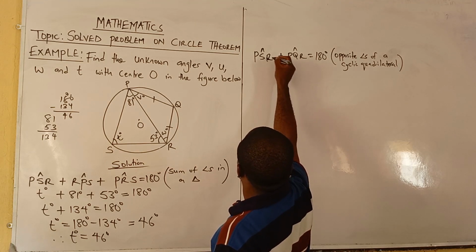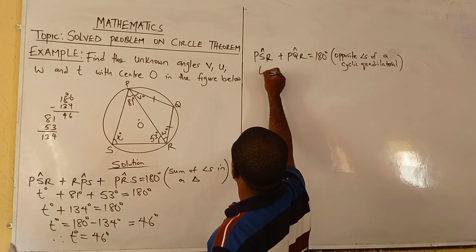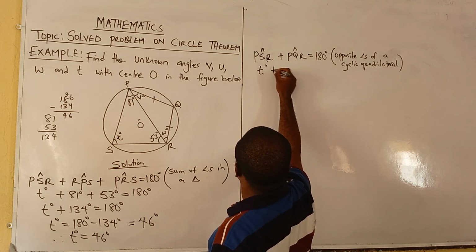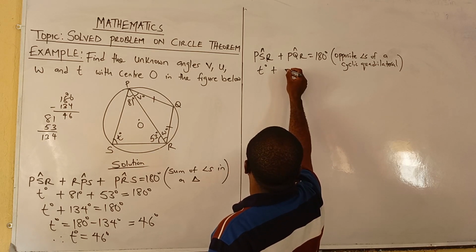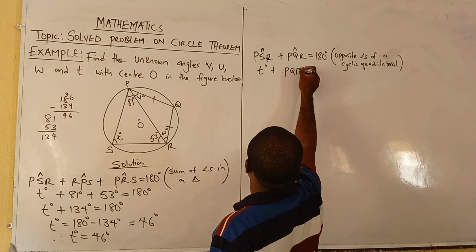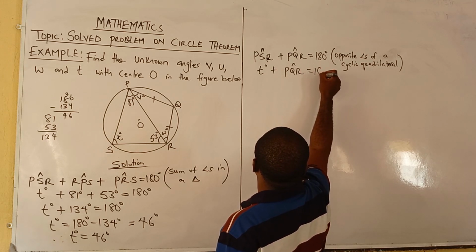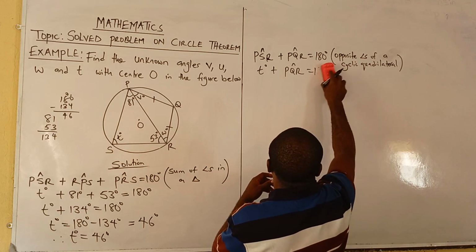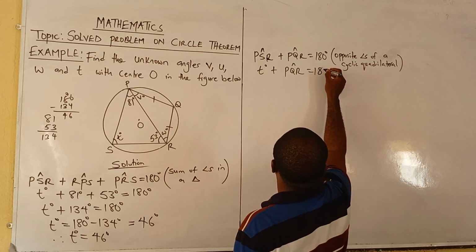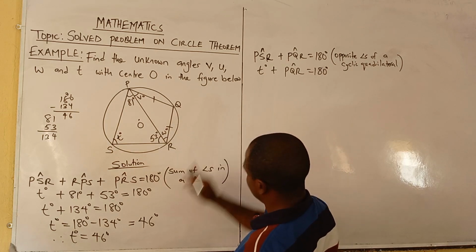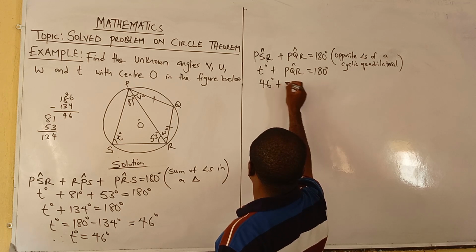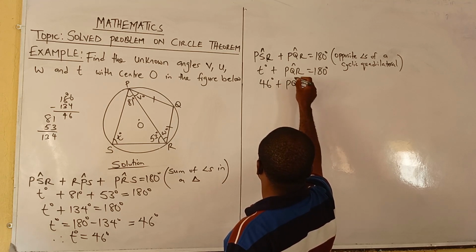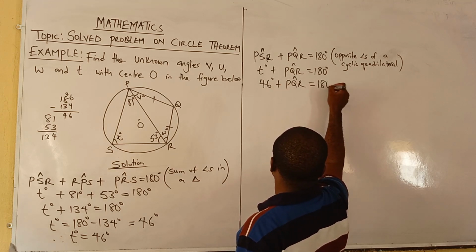Our angle PSR is T degrees, plus angle PQR, which is what we are looking for, equals 180 degrees. Angle T is 46 degrees, plus angle PQR equals 180 degrees.